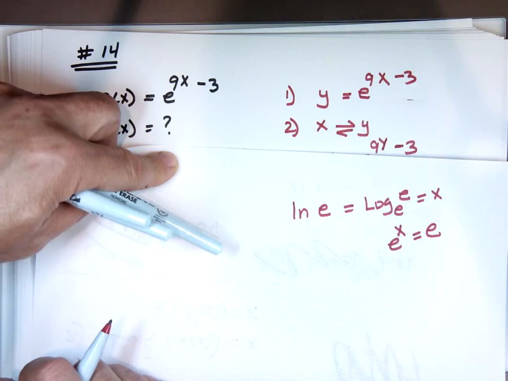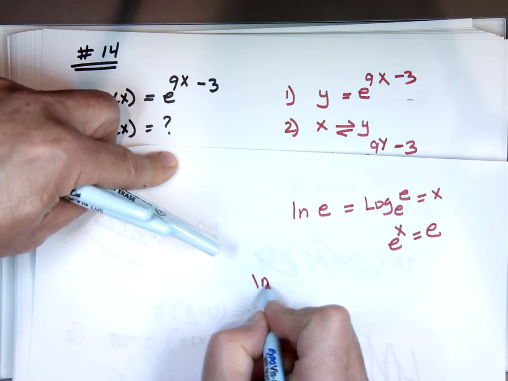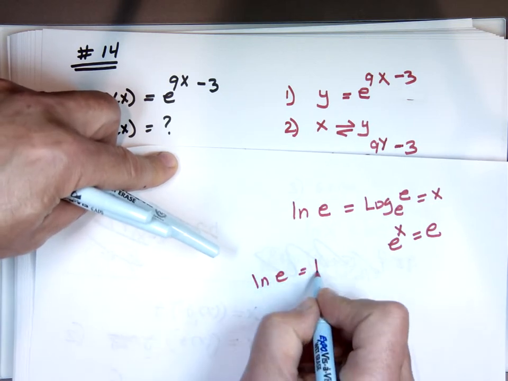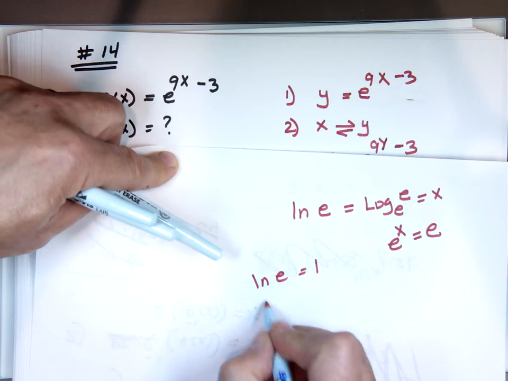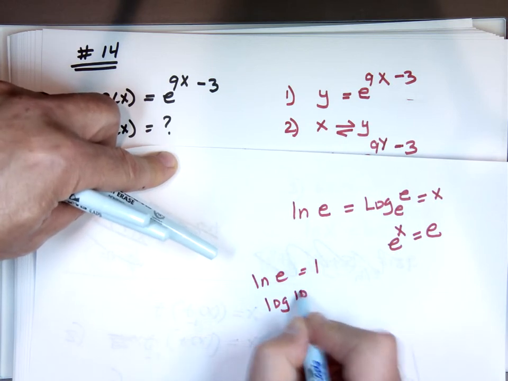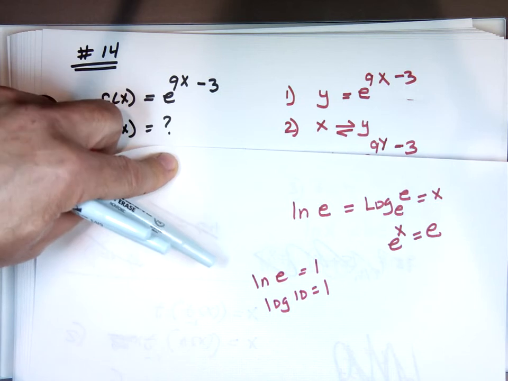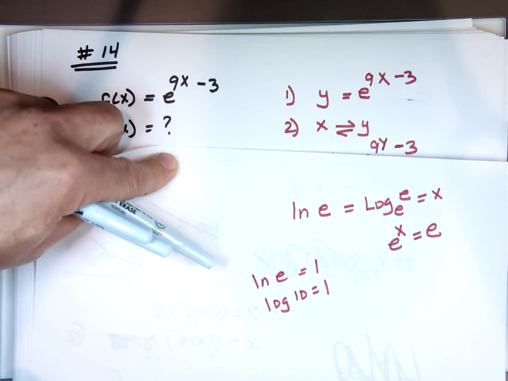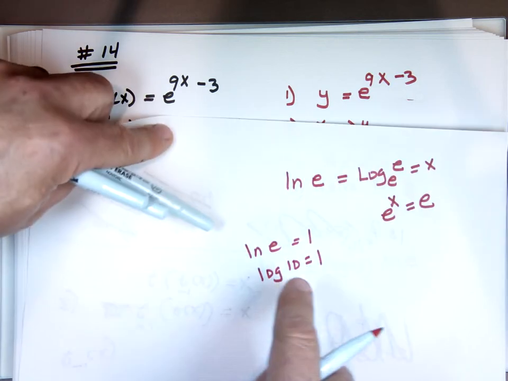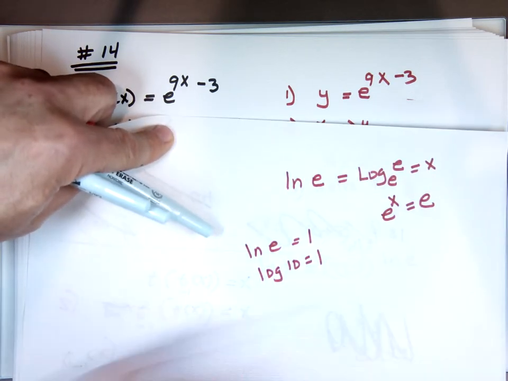So the natural log of e is always a 1. Just like with the common log, the log of 10 is always a 1. If you have 10 to the power, we always take the common log. If you have e to the power, we take the natural log, because these guys will cancel each other out.